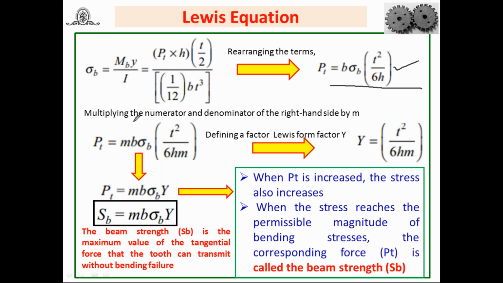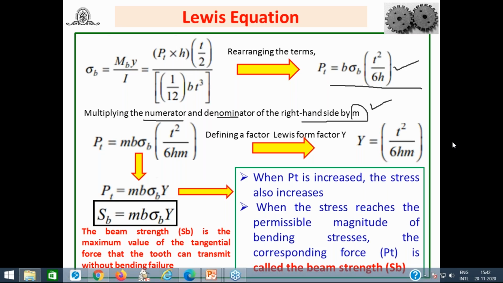Then multiply the numerator and denominator of the right hand side by m. m means module. You know module very well. We have already discussed these things. So multiplying numerator and denominator of the right hand side by m, what you will get?